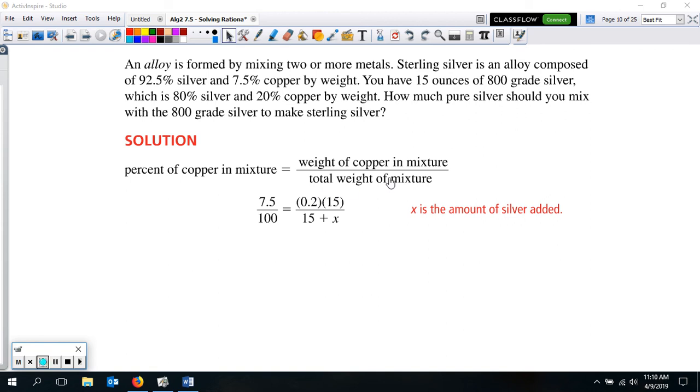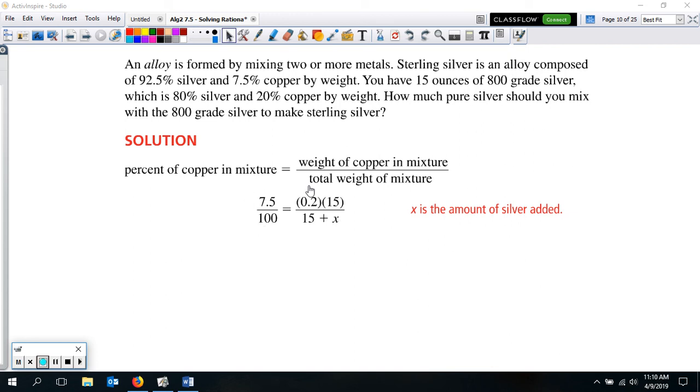And then the total weight of the mixture that we're trying to figure out here is going to be 15. We have already 15 ounces. What do we need to add to that 15 ounces of pure silver? How much pure silver should you mix with or add to this here to make that sterling silver? So it's going to be the 15 you have plus however much pure silver you need to mix to it.